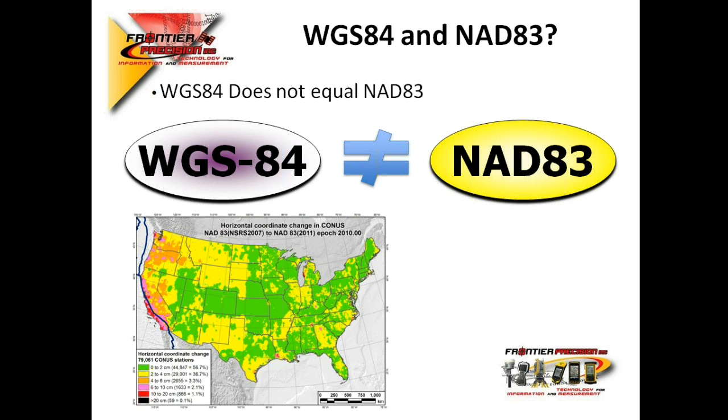All you're doing is adding error to your position. And one of the things in GPS that we are always trying to do is to minimize that error, and that's the purpose of today's session when it comes to the coordinate systems and the transformations that exist.